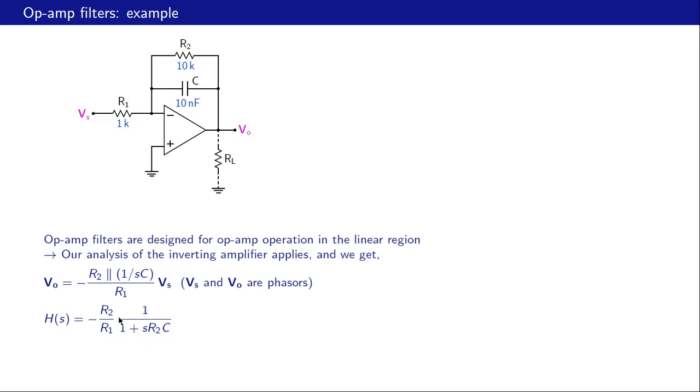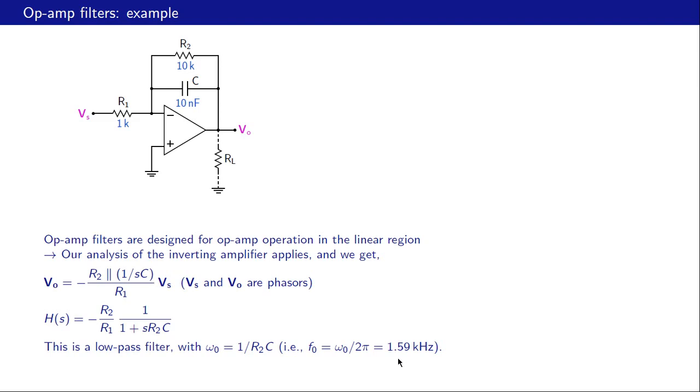And in fact, we have looked at the plot of this second expression, the magnitude as well as phase. So this is a low pass filter with omega naught equal to 1 over R2C. That is, F naught in this particular case is omega 0 by 2 pi, which is 1.6 kilohertz.